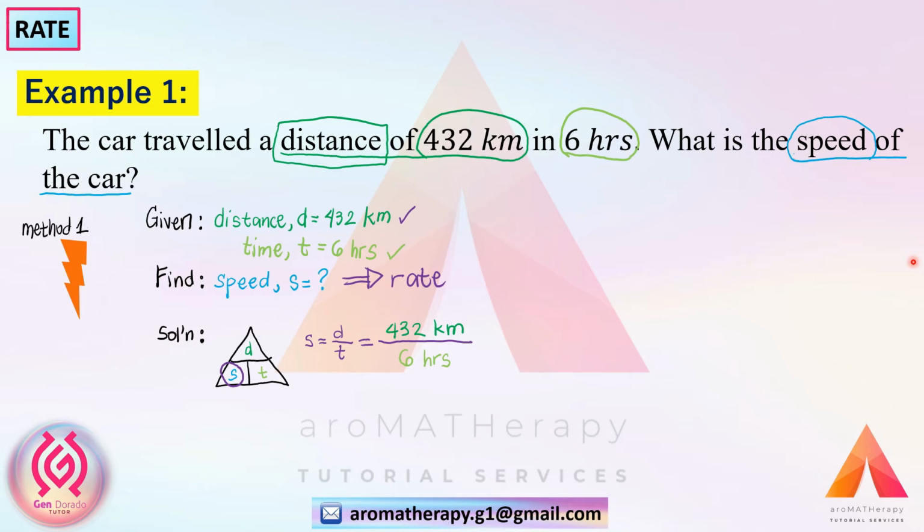Next, let's solve for 432 divided by 6. I-retain na lang natin to yung mga unit of measure ng numerator and ng denominator. First, magsasolve tayo ng 432 divided by 6. So, we need to find the quotient of 432 and 6.